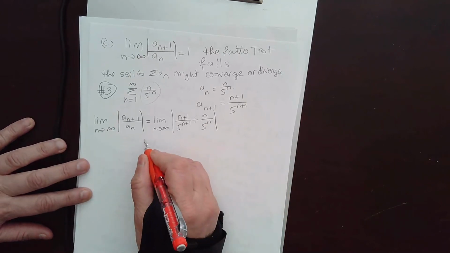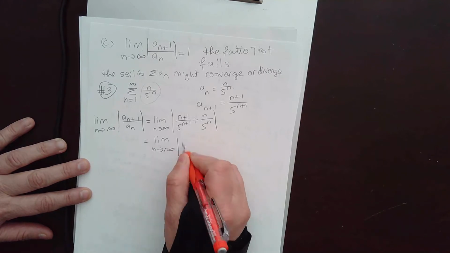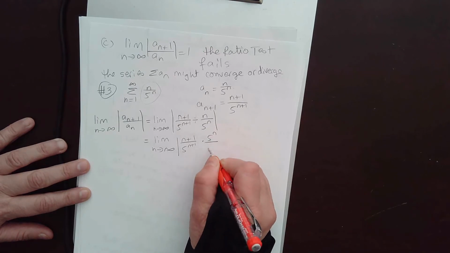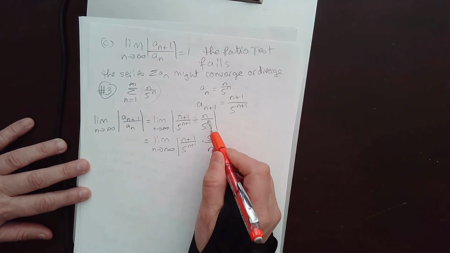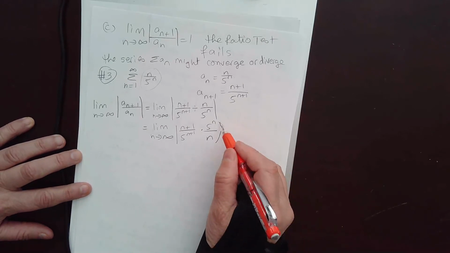And that gives us equal to what? The limit as n approaches infinity of (n plus 1) over 5 to the n plus 1 times 5 to the n over n. You can do it directly. You can skip that step. I just wanted to do it the first time here. Oops, here, absolute value.